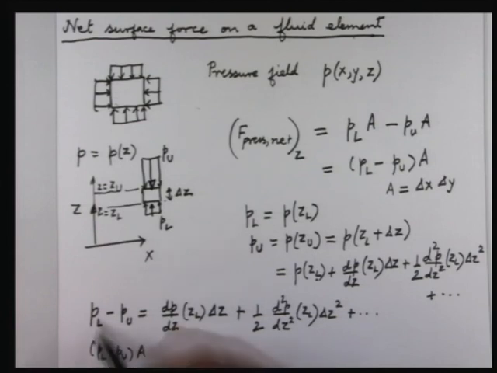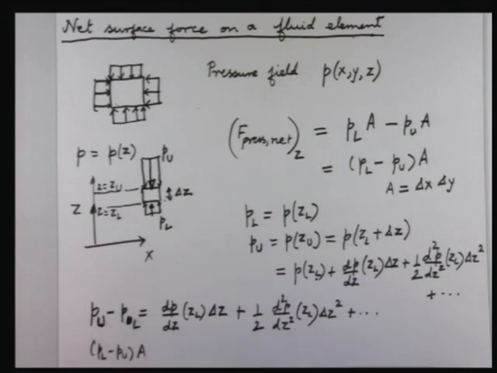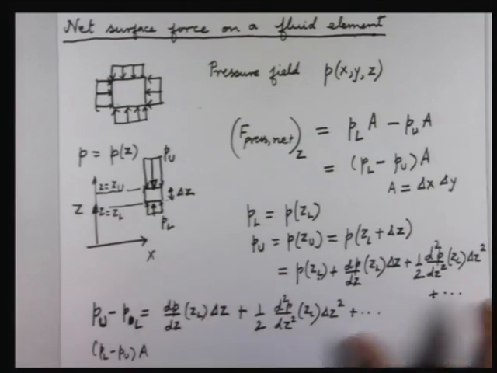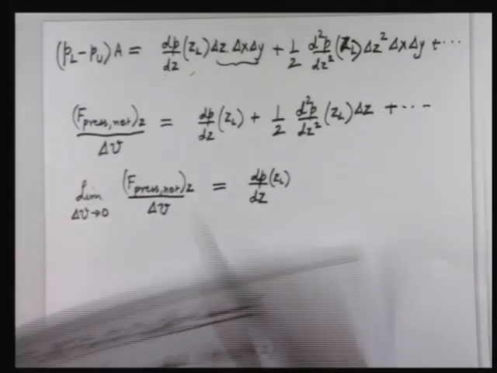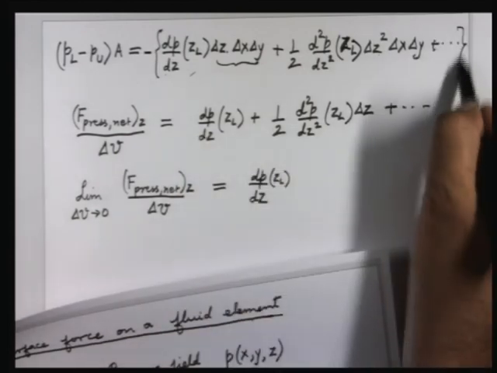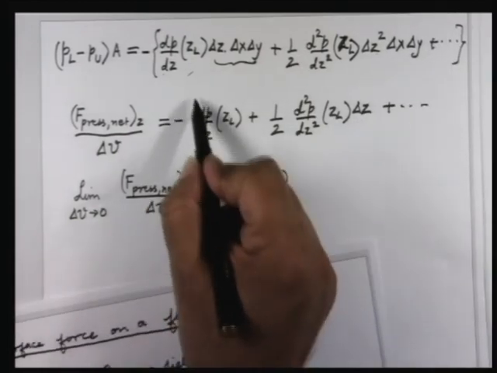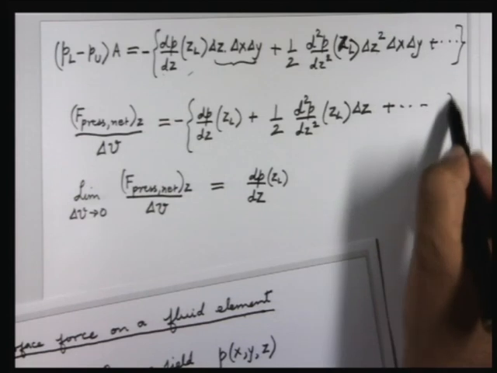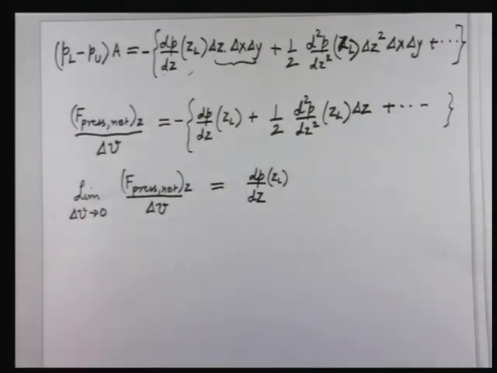So this is Pu and this is Pl. So you come back over here and all you have to do is put a minus sign here.